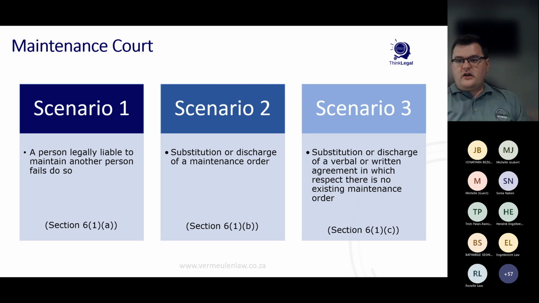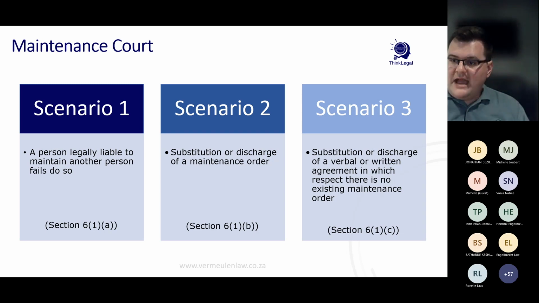Right, scenario one is Section 6.1a. A person legally liable to maintain another person fails to do so. Vast majority of maintenance cases. Coming in second in terms of frequently encountered issues is scenario two.